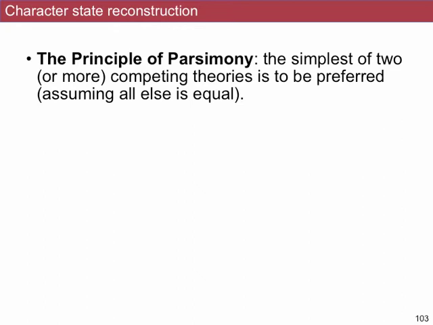This is applying that same scenario to an evolutionary question. We are going to choose the reconstruction scenario that requires the fewest number of evolutionary change events in character states. So we're going to go through all possible character state reconstructions to try and find the one that requires the fewest number of changes.